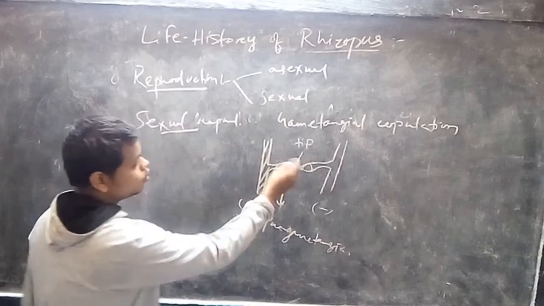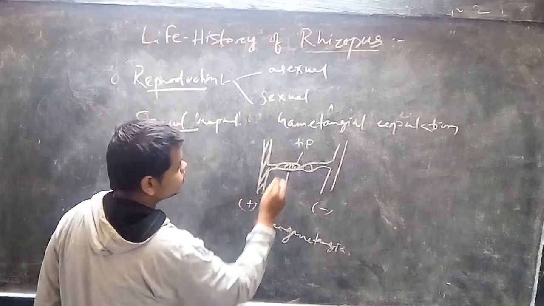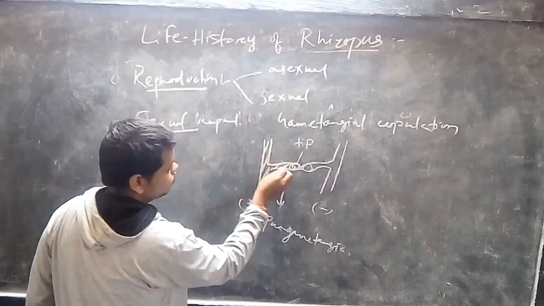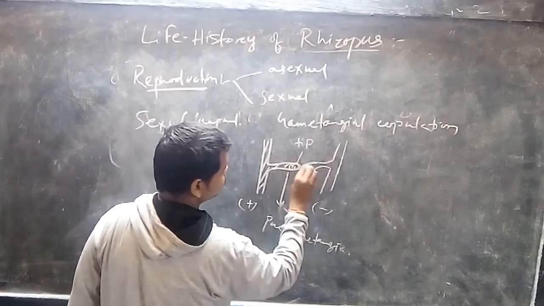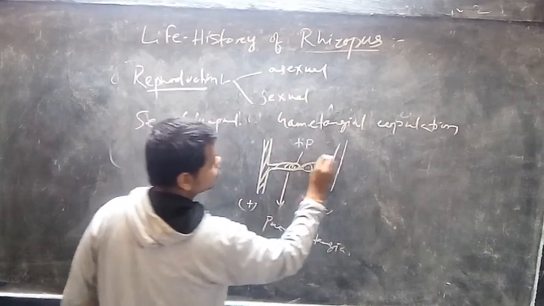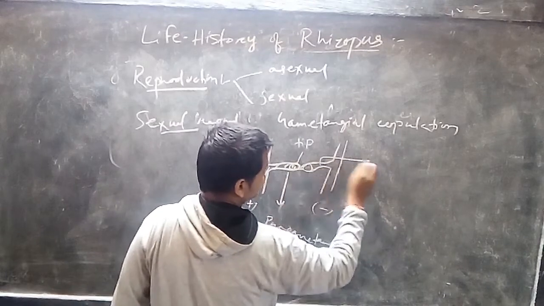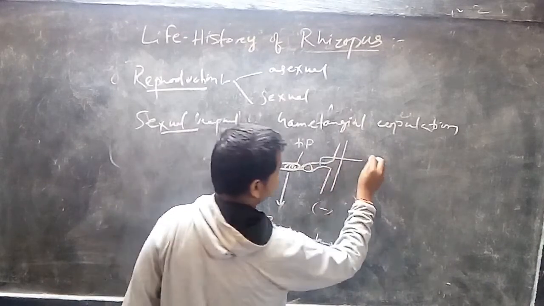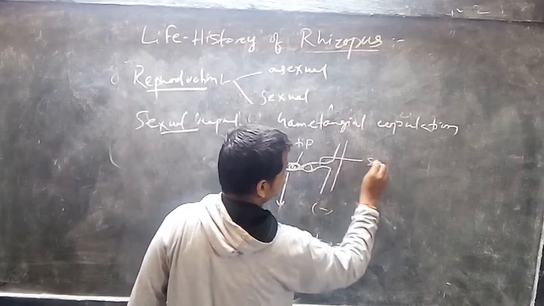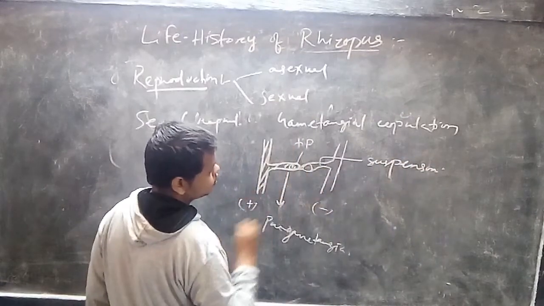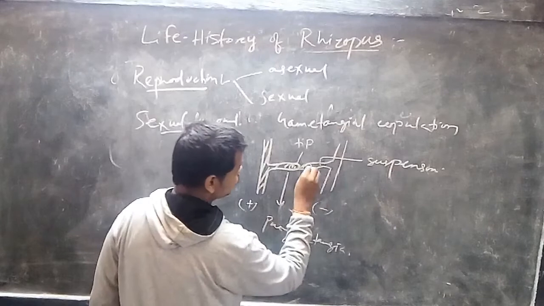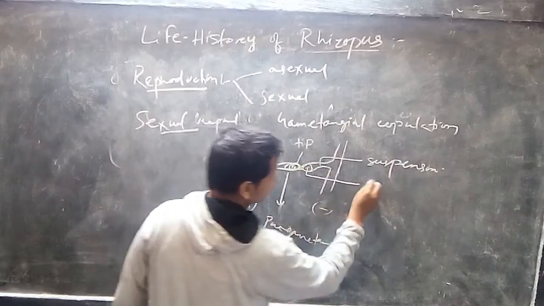The tip of the progametangium is called the gametangium, and the bottom part is called the suspensor. This is the bottom part. This is the gametangium. The bottom part is called the suspensor, and the tip is called the gametangium.